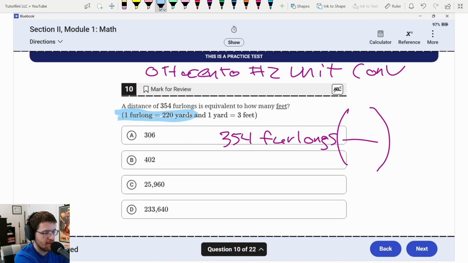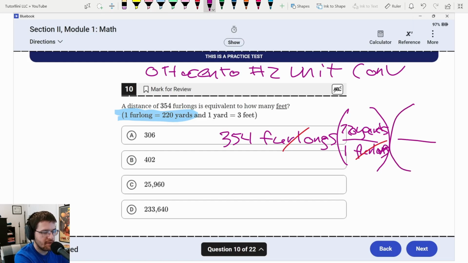Well, the first one has furlongs in it, so let's use that first. So I'll put 1 furlong on the bottom and 220 yards on the top. That way, furlongs cancels because they're on opposite sides of the division bar. And now I'm left with units of yards, but I want feet, so I have to keep going.